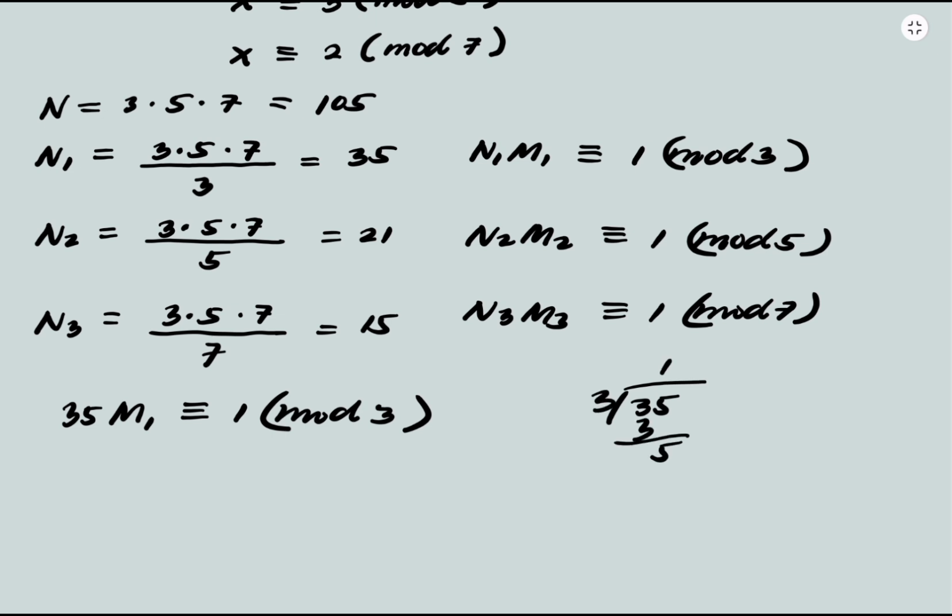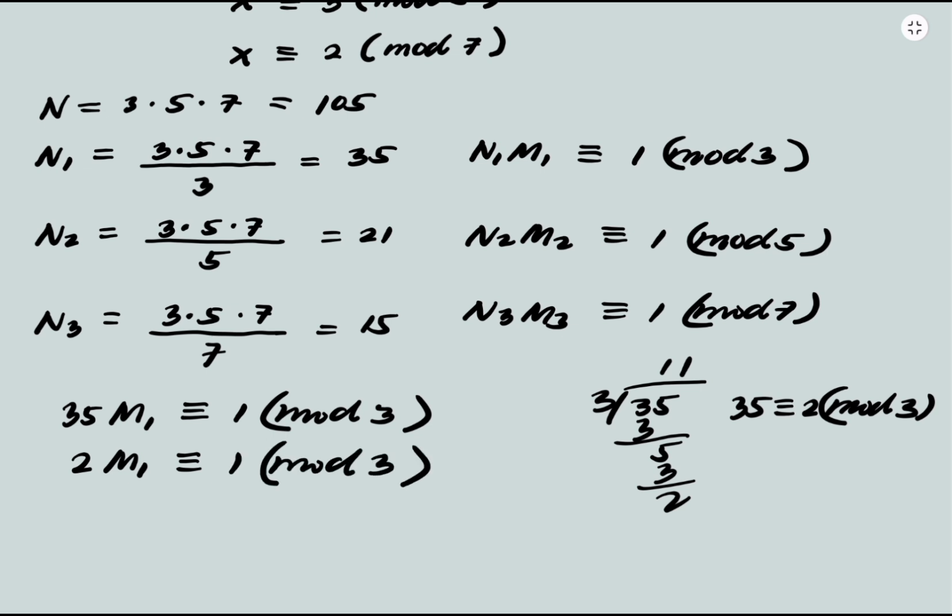Since 35 is congruent to 2 modulo 3, then we can express this as 2 times m sub 1 congruent to 1 modulo 3.